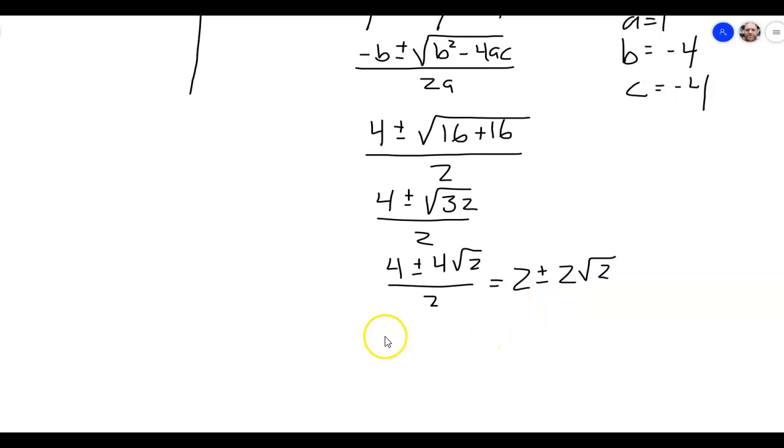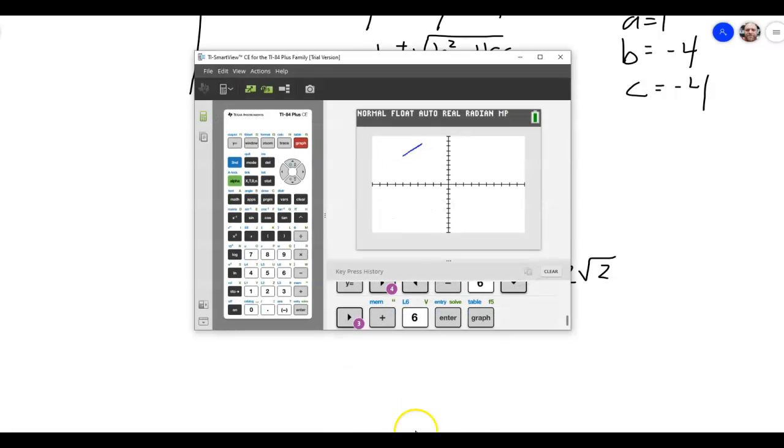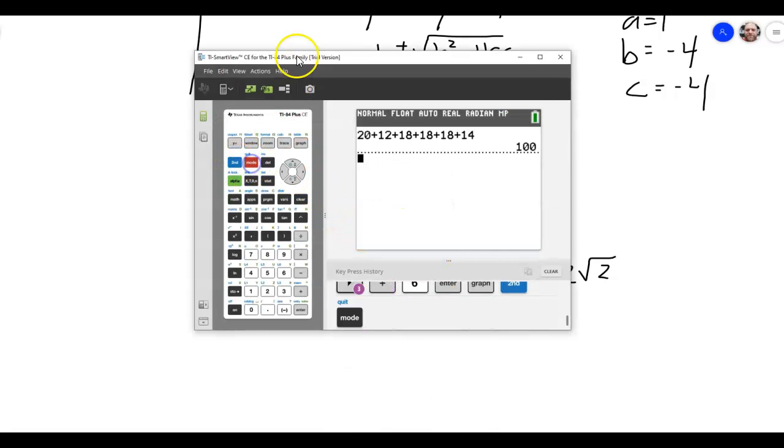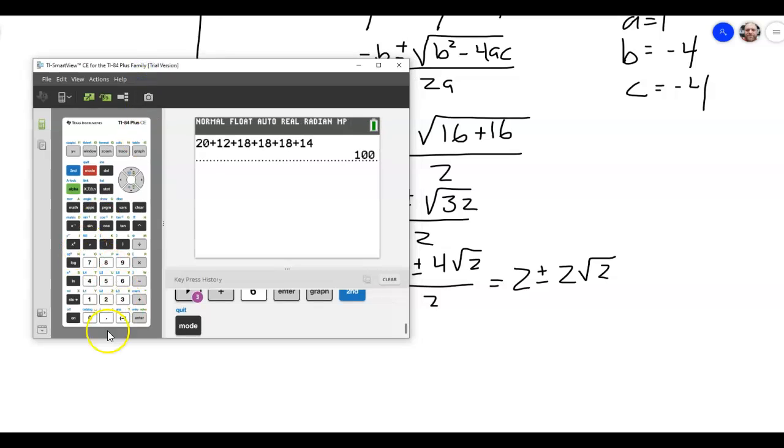So I know it kind of stinks here, but we can at least get a decimal approximation by pulling up our calculator and saying, hey, what's 2 plus 2 root 2? And that gives us a little less than 5.